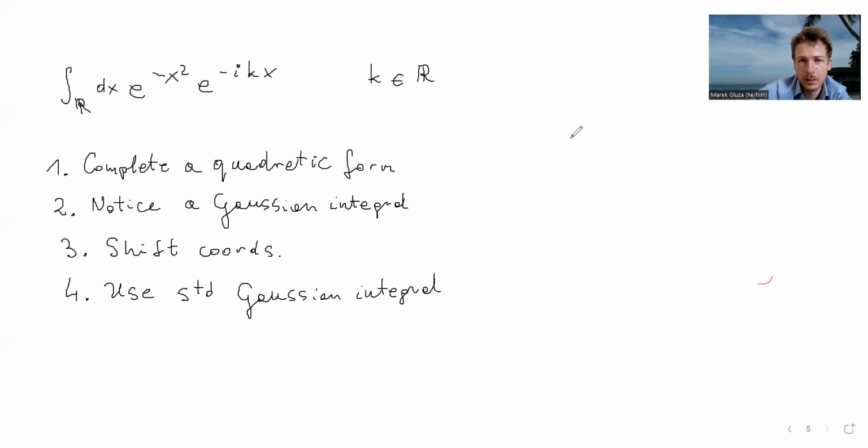So what is the first step? The first step is to say I have x squared plus i k x, and I'm asking in what way can I complete the square. So what do I need to add here to get this form? I need to add i k divided by 2, squared, and then I need to subtract whatever I'm squaring here. So I need to subtract i k divided by 2, squared.